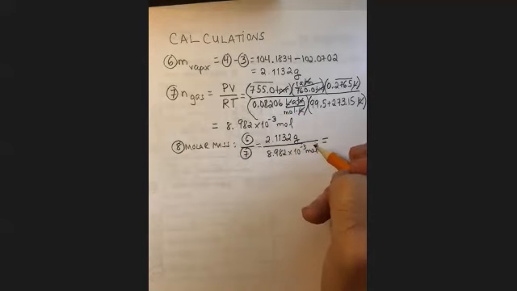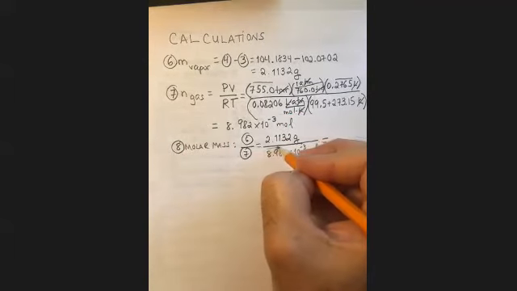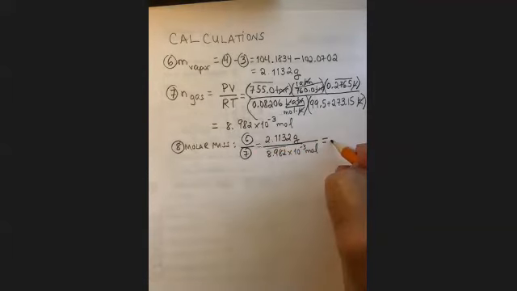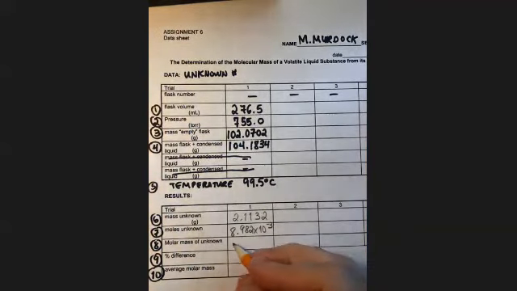Put that in our calculator. We have a limit of 4 sig figs over here. So that's going to come up to be 235.3 grams per mole. And from this first trial, therefore, we get a number here, which is 235.3.